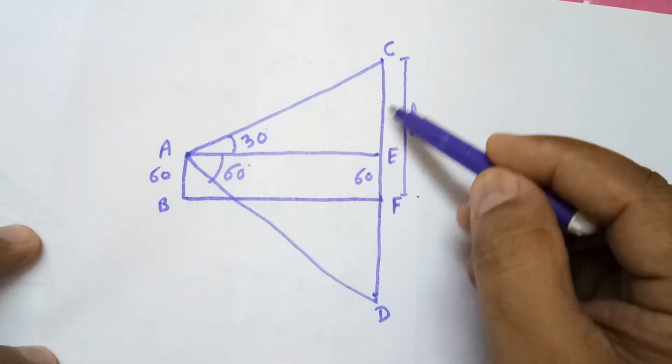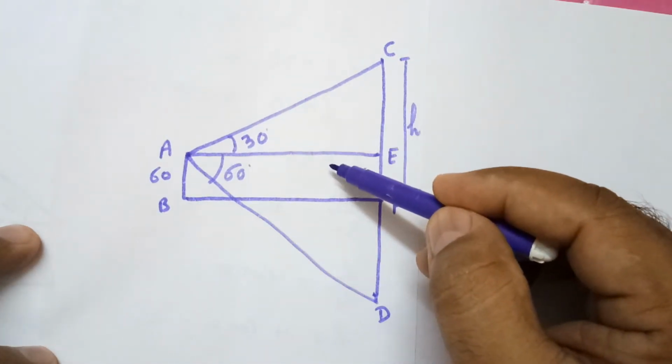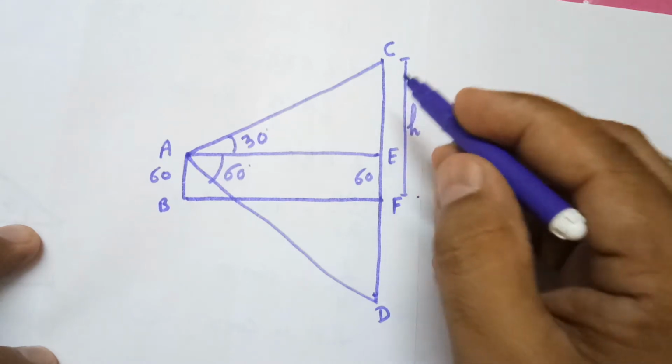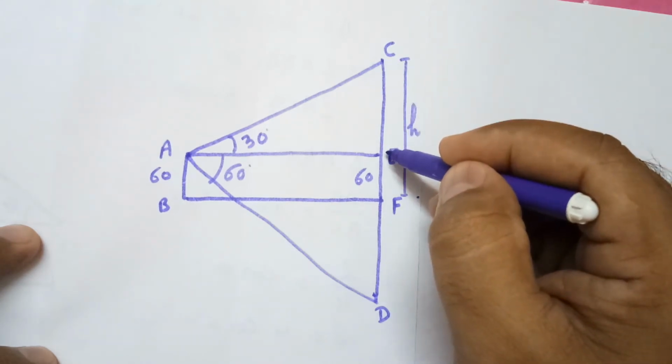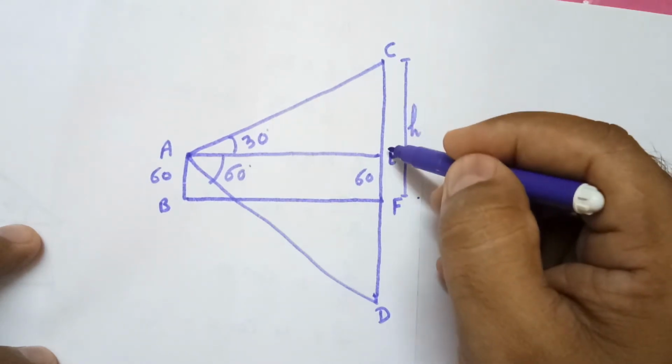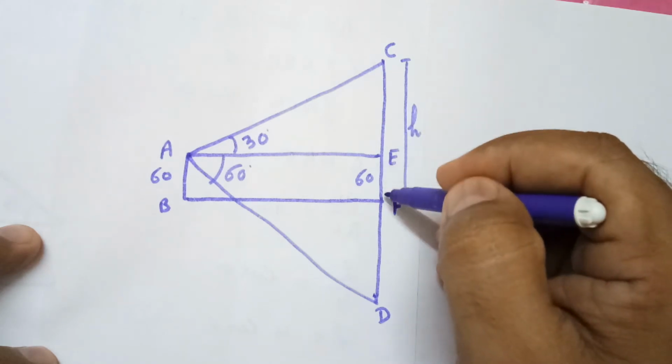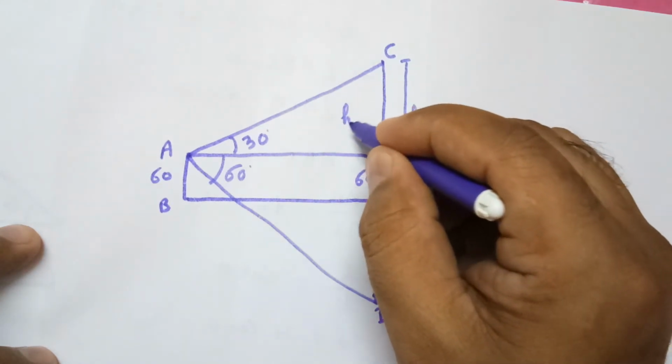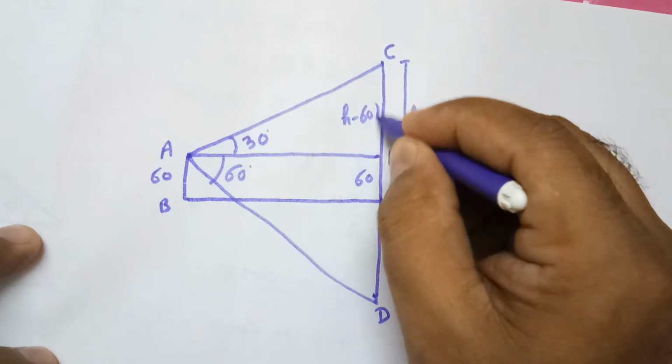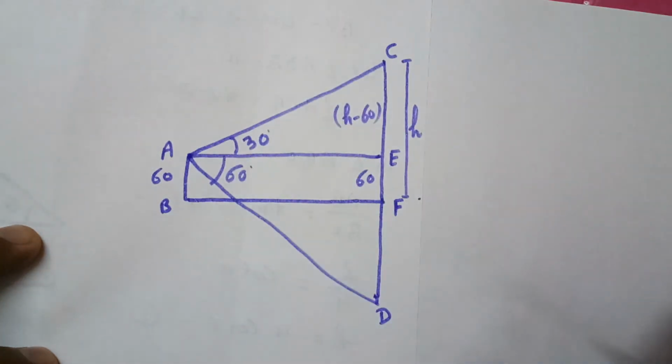We are using perpendicular over base, that is tan theta. Because total is h and we subtract 60, the perpendicular for this triangle will be h minus 60.